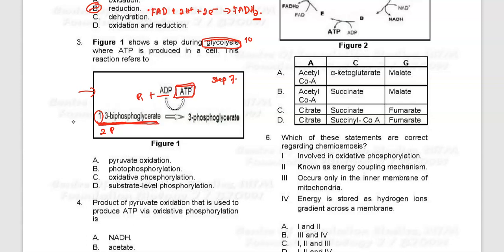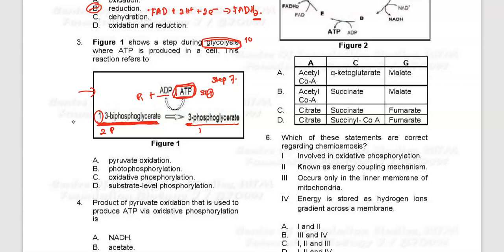So the process of synthesizing ATP in this way, we call substrate level phosphorylation, because the phosphate comes from a substrate. Because this molecule has released one of its phosphates, it is left with 3-phosphoglycerate, with one phosphate attached to carbon number 3.